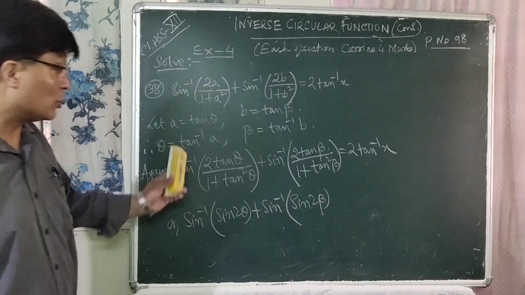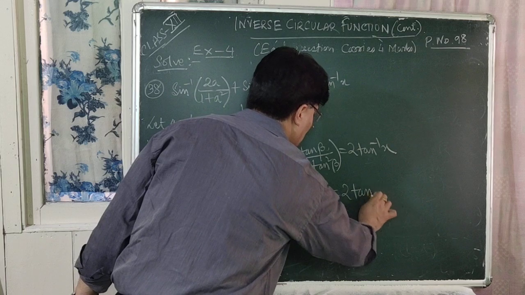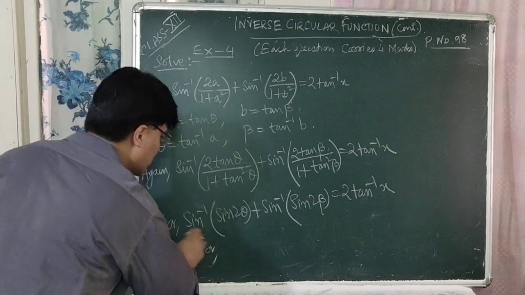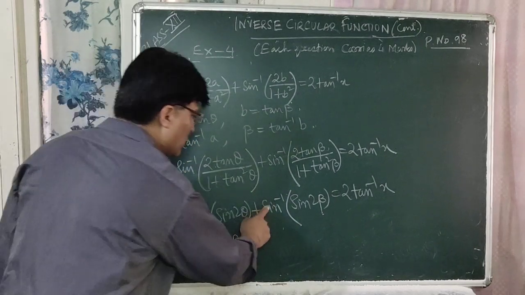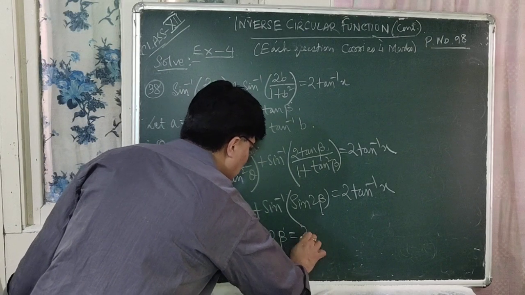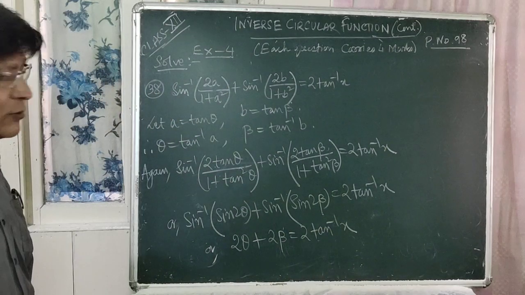Is that clear? You should know this formula, which is equal to 2 tan inverse x, right? What is sin inverse sin 2 theta? It is 2 theta, plus sin inverse sin 2 beta, it is 2 beta, is equal to 2 tan inverse x. Understood now?